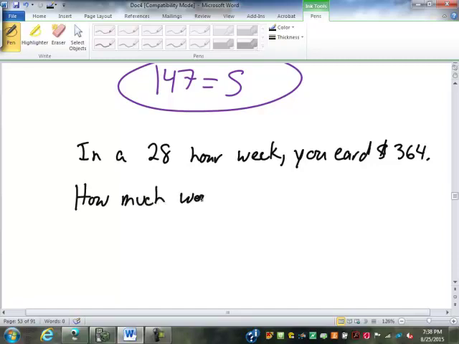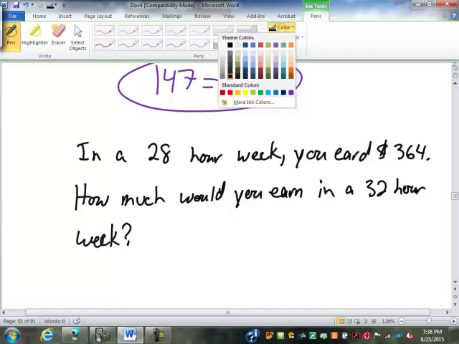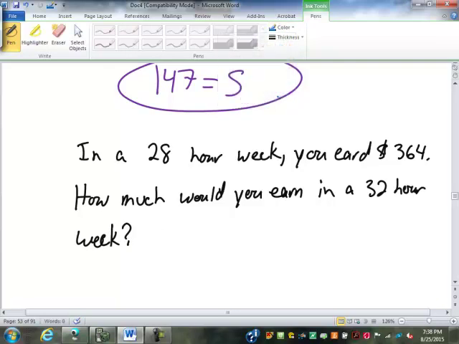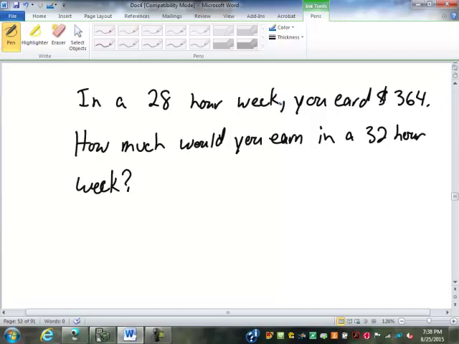How much would you earn in a 32-hour week? Okay, well, this one is actually a rate. $364 in 28 hours would give us our pay.